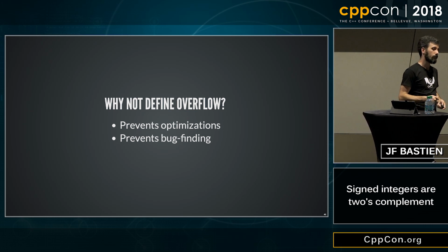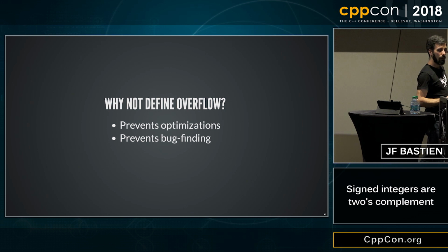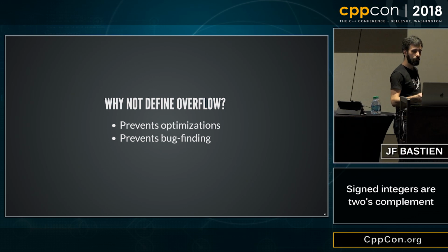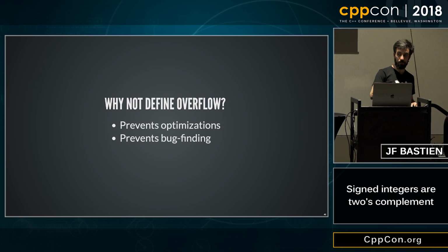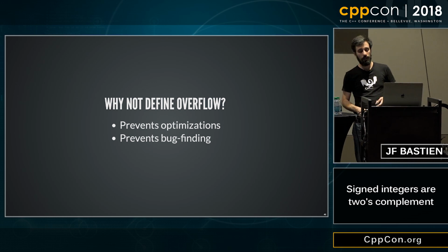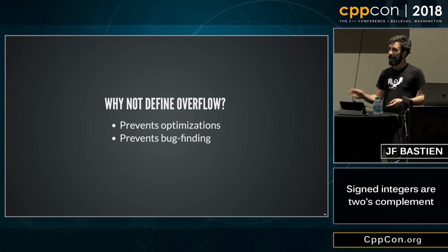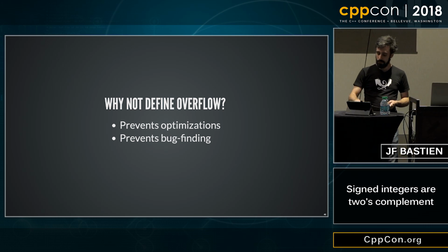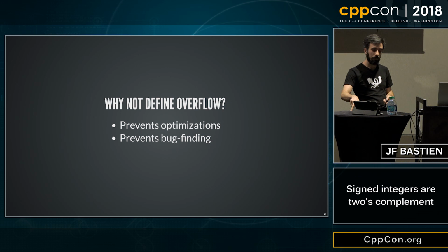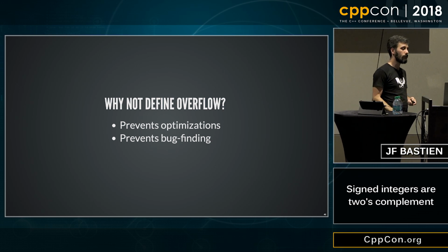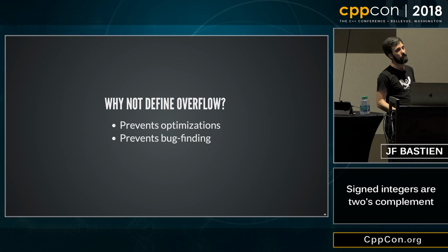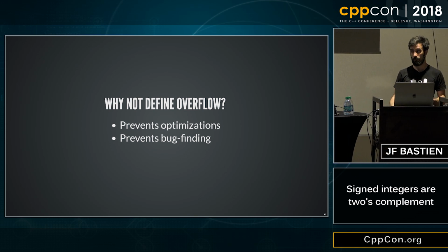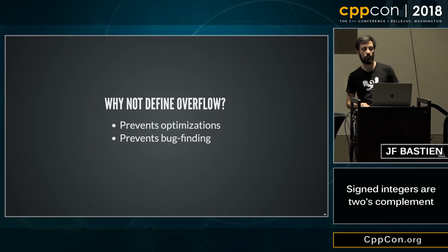And the argument here, which I don't really agree with, is if I were to define overflow to wrap, then UBSan is not allowed to trap. It's not a valid implementation. The reason I don't agree is UBSan has a mode where you can say unsigned overflow traps. That's not a valid implementation of C++, but it can do it. It just means that more code could come to rely on overflow behavior, and so UBSan would have more false positives. That's really the trade-off we're trying to talk about here.